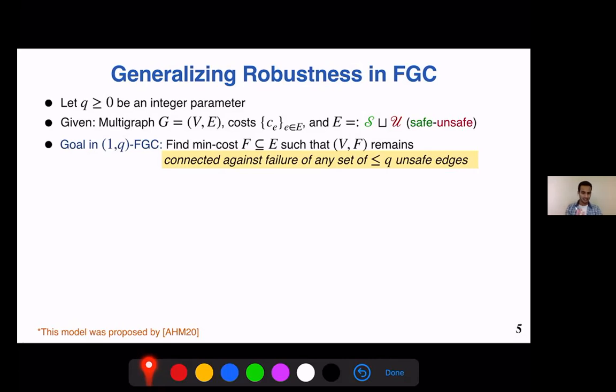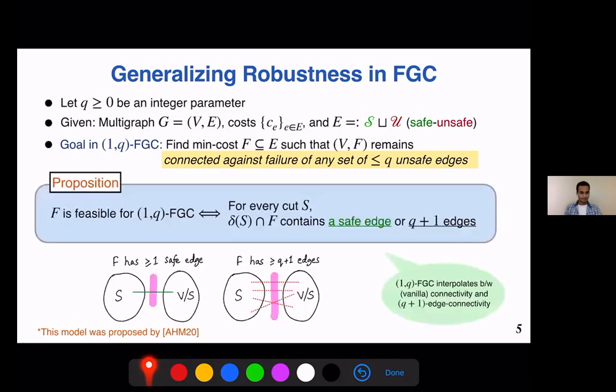I'd like to remark that this model was proposed by Adjiashvili et al. in their IPCO paper. Here's a helpful claim: F is feasible for (1,q)-FGC if and only if for every cut, the subgraph contains a safe edge or q plus 1 edges.